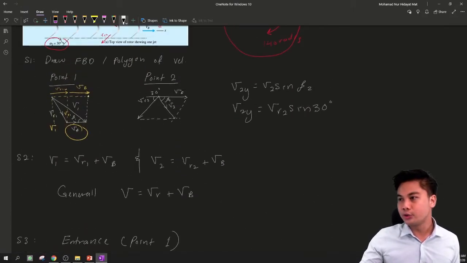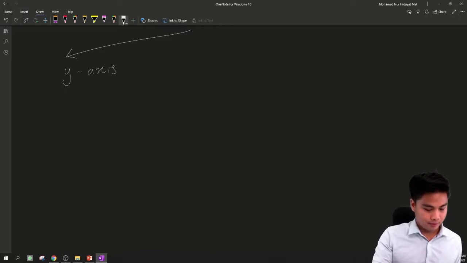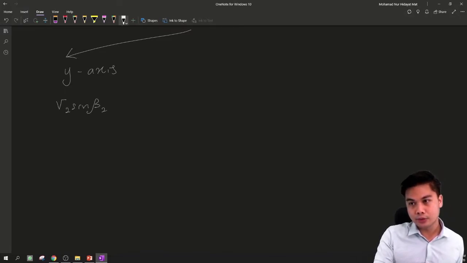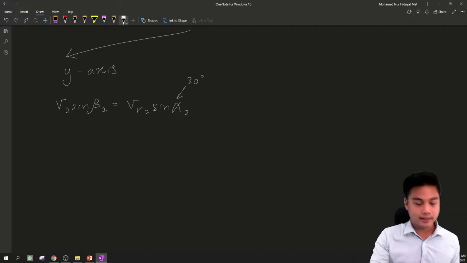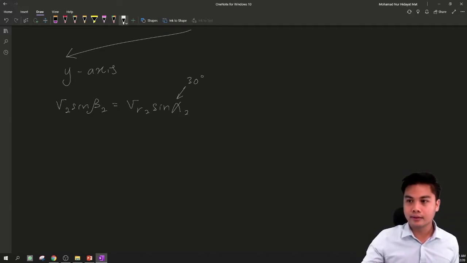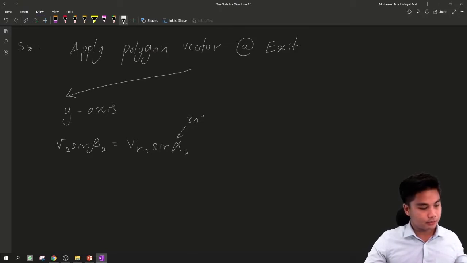So we can equate this one. V2 sine beta 2 equal to VR2 sine 30. So V2 sine beta 2 is the same as VR2 sine alpha 2. Alpha 2 previously we discovered to be 30 degree.